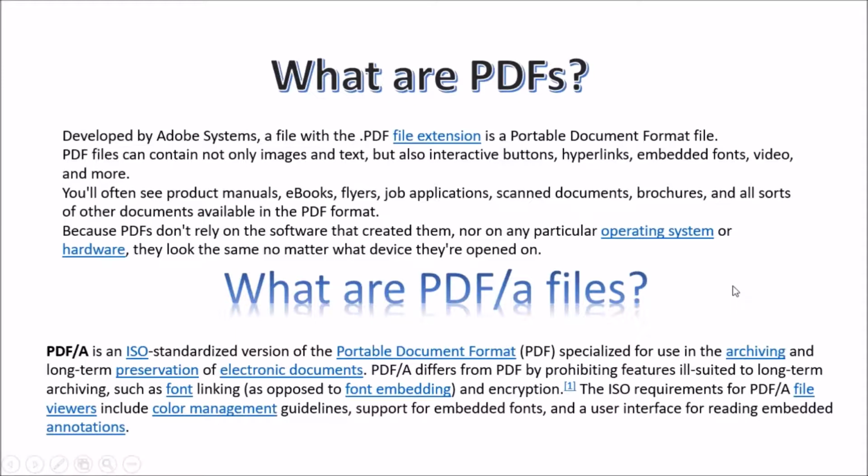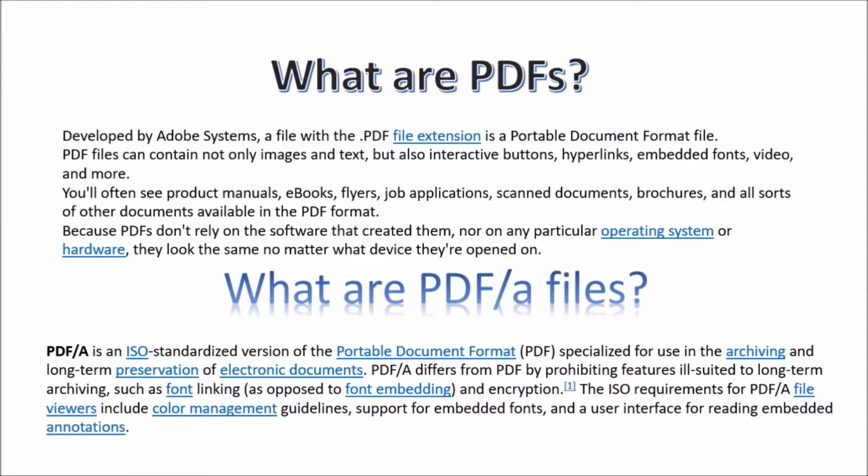And then there's also, and this is very, very important for presentations and submissions of PDF files as evidence, the PDF/A format, which is a relatively new file format in PDF format. It is called an ISO standard version of the portable document format.